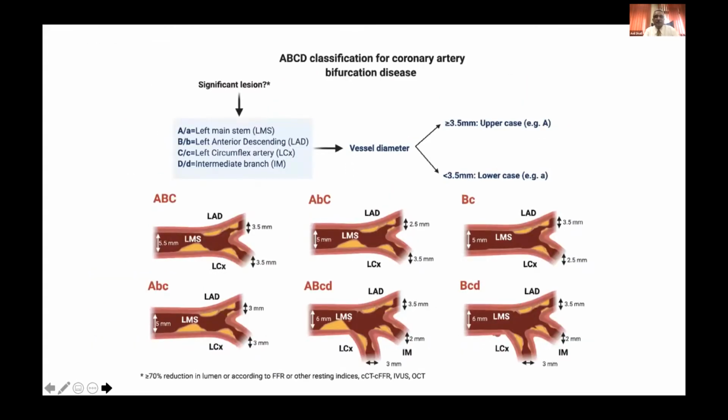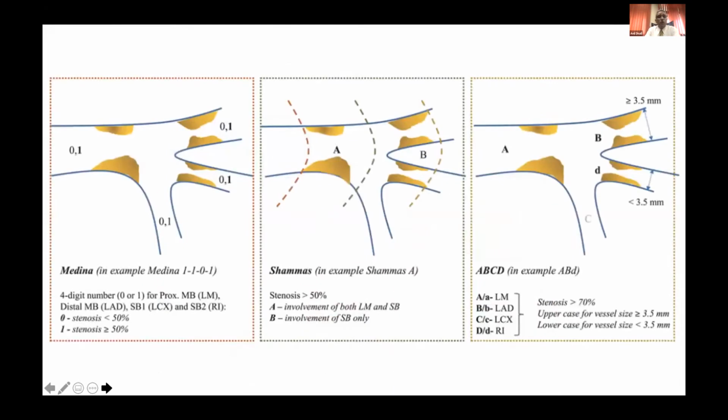And then there is a recent ABCD classification, which makes things a little more prognostically important. However, it becomes a little more tedious. So most of us continue to use the Medina classification.